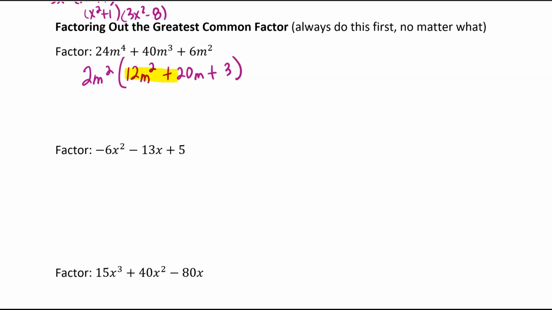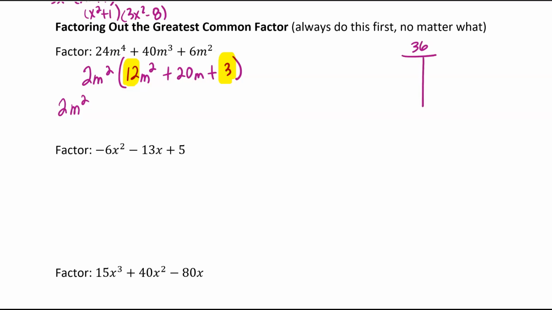Notice though that this is a trinomial, and it's the other case, meaning the leading coefficient is not 1, because notice it's 12, right? So that means this could be factorable. So you're going to have to use the AC method, and multiply your A times the C. Here we have 12 times 3, which is 36.